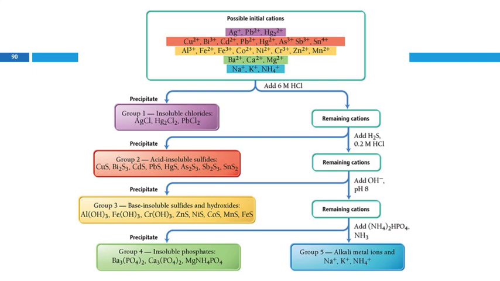So you can get those to precipitate out. And then at the end here, adding ammonium hydrogen phosphate and ammonia, we can get the insoluble phosphates to precipitate out. And then we're always going to be left with sodium, potassium, and ammonium in solution because they don't precipitate with anything.